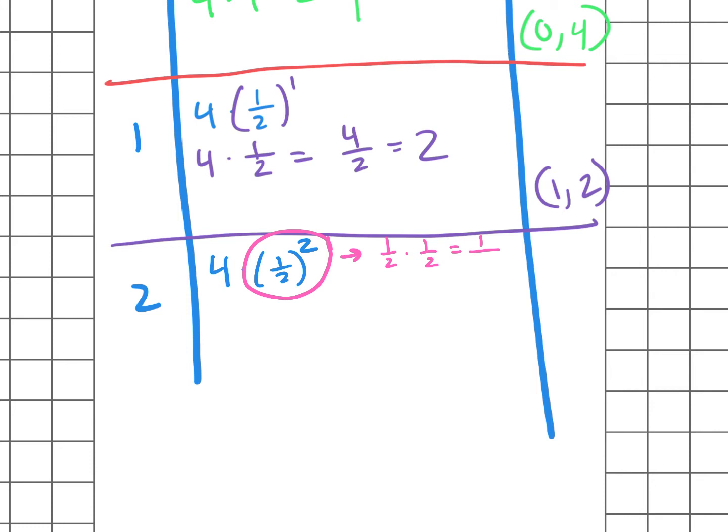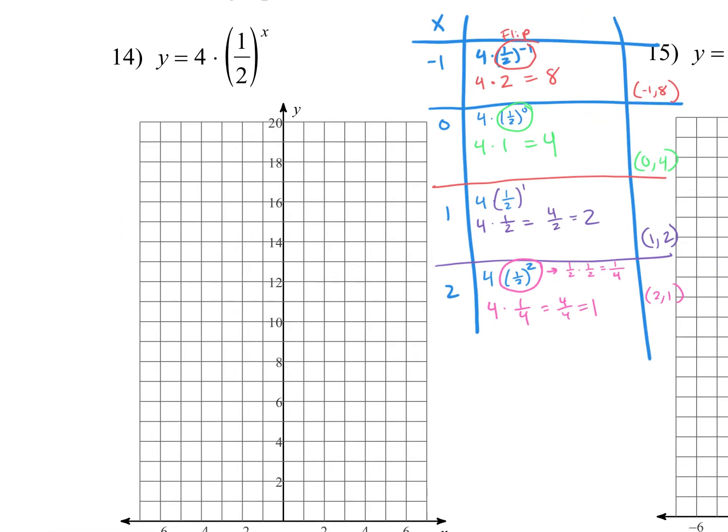And then you multiply the bottoms together, and 2 times 2 is 4. So we get 1/4. So this is 4 times 1/4. What's 4 times 1/4? 4 over 4, which is 1. So what's my point here? 2, 1.